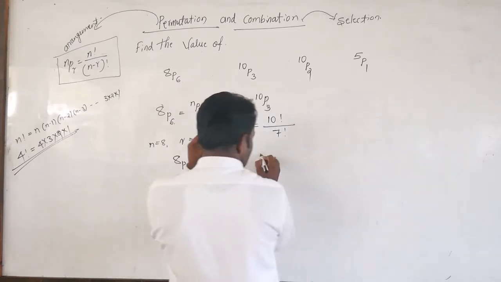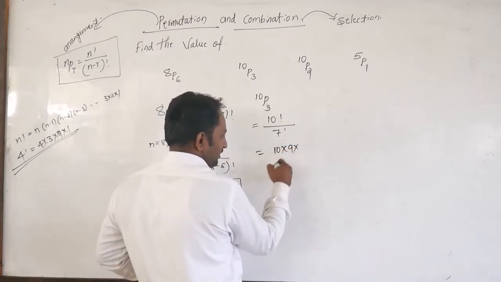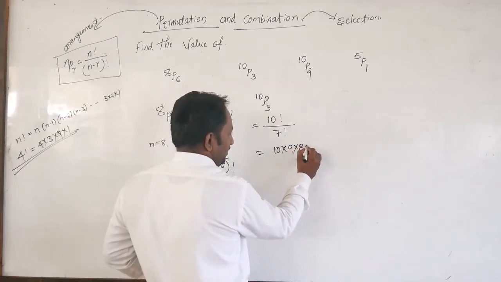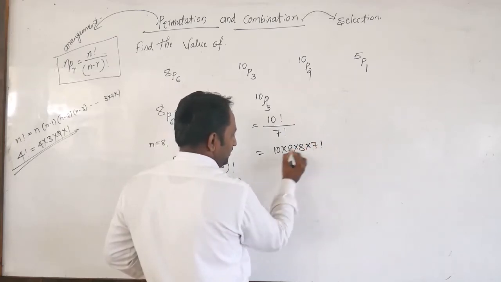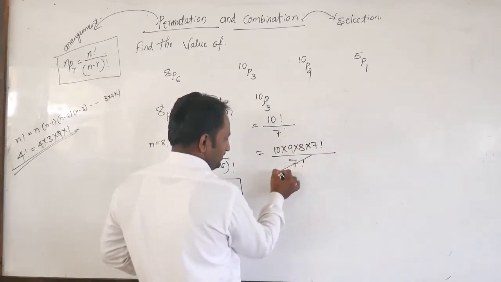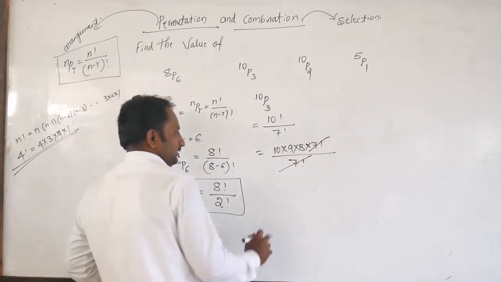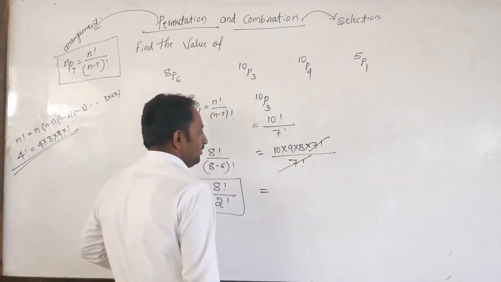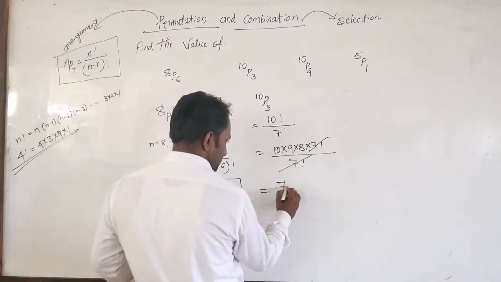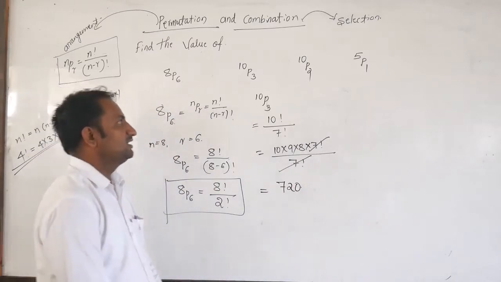That is 10 into 9 into 8 into 7 factorial divided by 7 factorial. The 7 factorial cancels, and 720 is our answer.